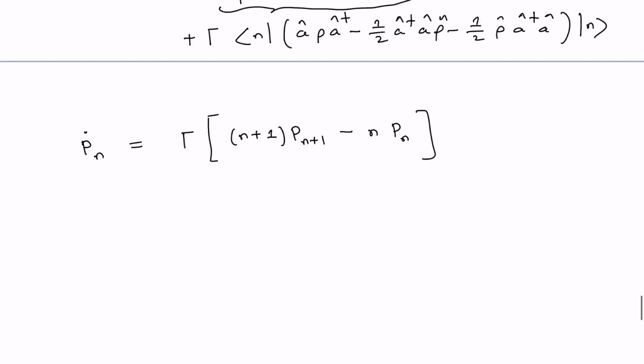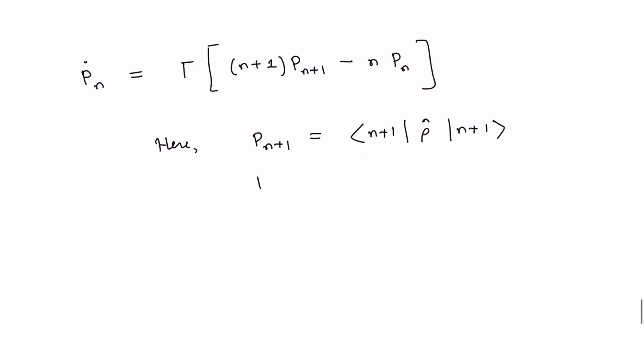Here p n plus 1 is the probability in the n plus 1th state, which is nothing but the expectation value of the density operator taken with respect to the n plus 1th state, and p n is the probability, which is nothing but the expectation value of the density operator in the nth state.